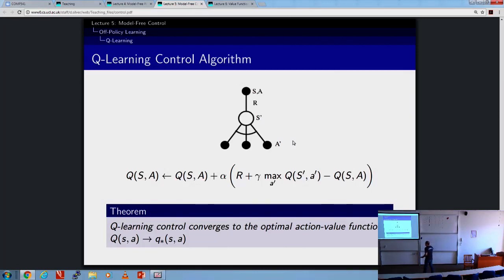So that means in order to find the max, I need to try all the actions A prime, for example, here. Well, not try, but at least I need to query my current Q function and ask my current Q function which is the ideal action according to you.